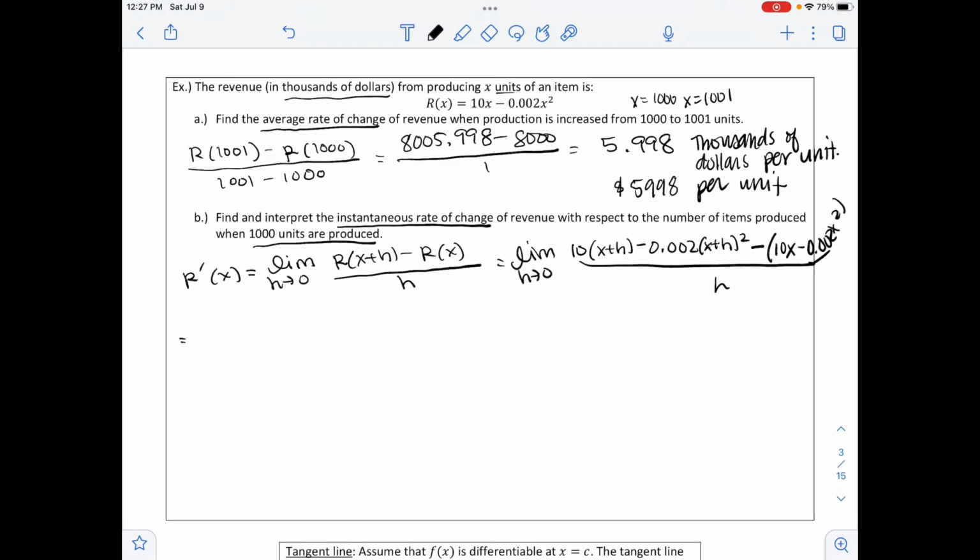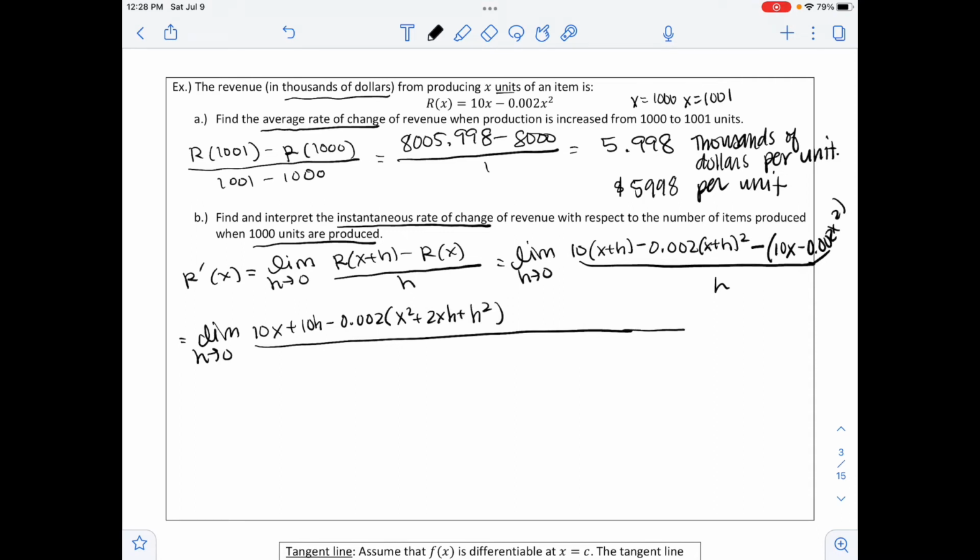So from here, we have the limit as h approaches 0 of, and a lot of algebra to go through. And so we're going to have 10x plus 10h minus 0.002 times x squared plus 2xh plus h squared. And then distributing through my negative here, we're going to have negative 10x plus 0.002x squared all over h, which is now the limit as h approaches 0 of.